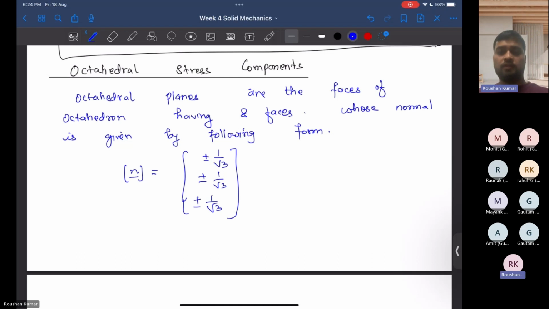The normal and shear components of traction on octahedral faces are called the octahedral stress components. So the octahedral plane also has normal and shear components, and each of these stresses is called an octahedral stress component.